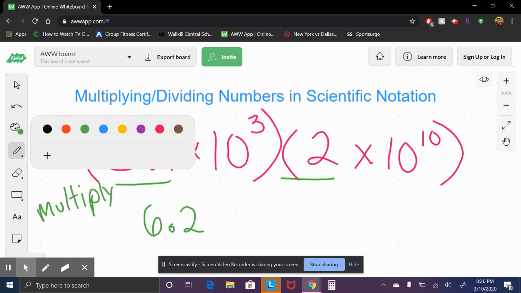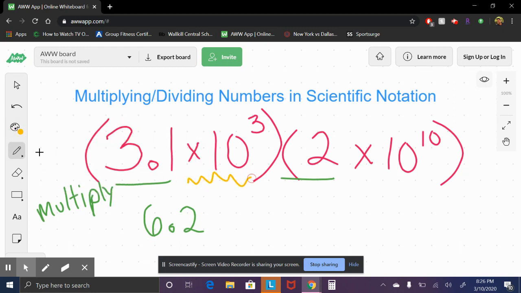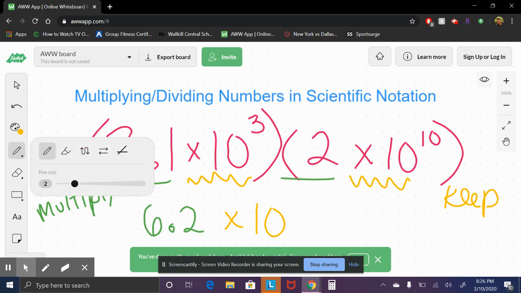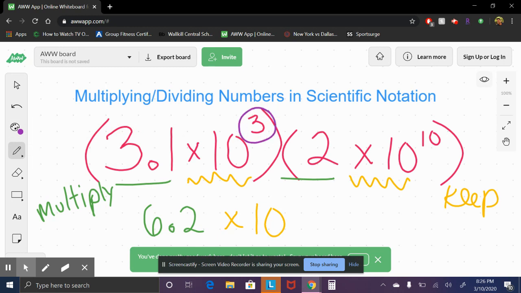And then we keep the power of 10, times 10, and we add the exponents, 3 plus 10, which is 13.